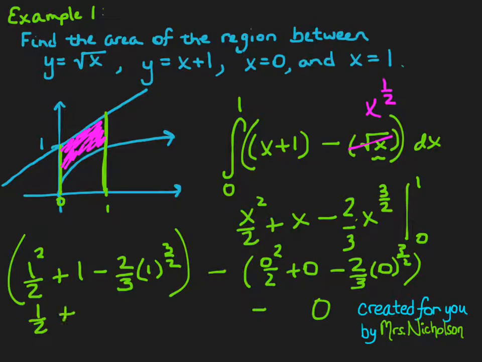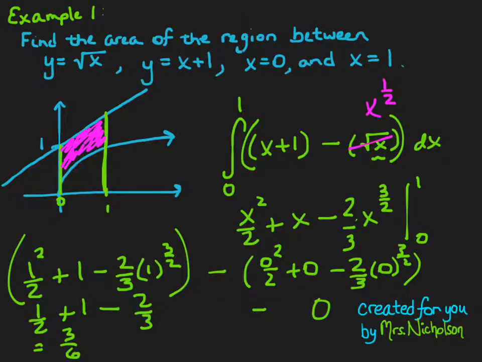I've got 1/2 plus 1 minus, and I could rewrite the 3/2 as a root, but I really don't need to because 1 to any power is just 1 times 2/3 would be 2/3. And let's go one more step and combine those together. I need a common denominator, which would be 6.